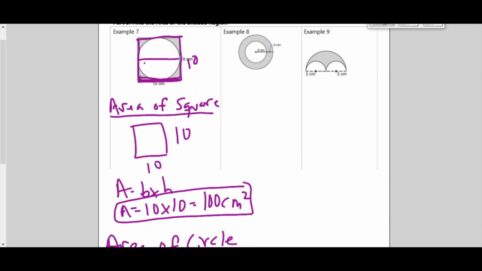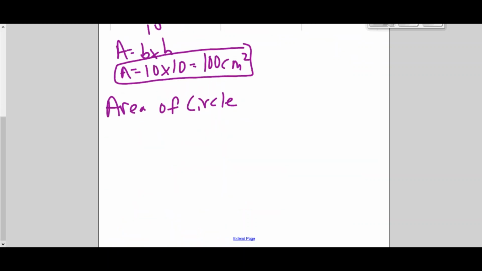So this gives me the diameter. So I'm going to sketch my circle down here. My diameter is 10. And remember, the radius is half the diameter. So if I want just a radius, from here to here, that means this part is 5. So this is my R, because the radius is half the diameter.